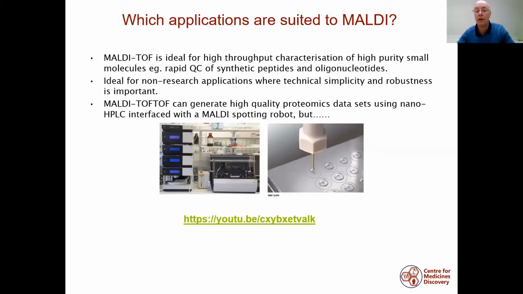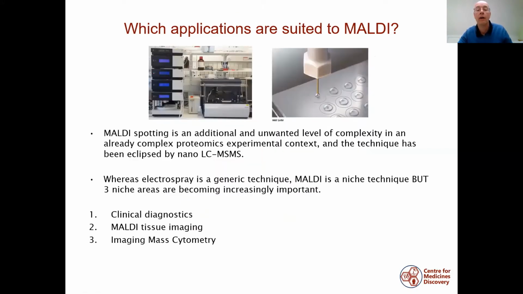However, the problem with the spotting robot is that it's just an additional complication. It's an unwanted level of complexity in an experiment. If you're doing a proteomics experiment with a very long gradient and you're looking for reproducibility, that's going to be much harder to achieve with a spotting robot interface with your MSMS.